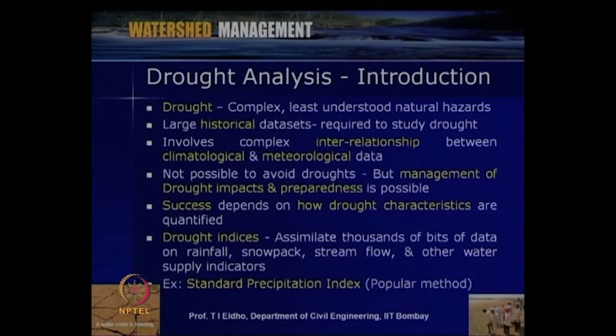One of the very commonly used drought indices for drought analysis is the standardized precipitation index. We will be discussing the details of this methodology later. Here also, depending upon the watershed characteristics, depending upon the various meteorological and hydrogeological characteristics, we quantify the possibility of drought, the severity of drought, in terms of a number.